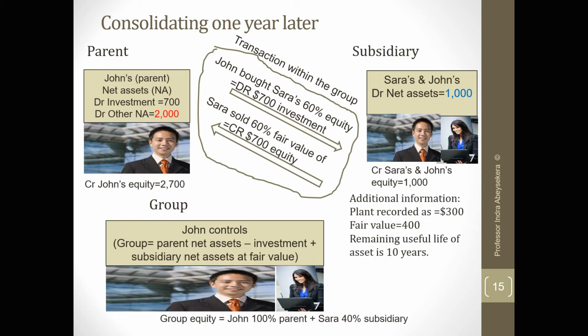So let's look at parent and subsidiary and the group. So John acquired Sarah's 60% of equity. So in the group, John has 100% of the parent's equity, and then Sarah has 40% of the subsidiary's equity in the group equity.